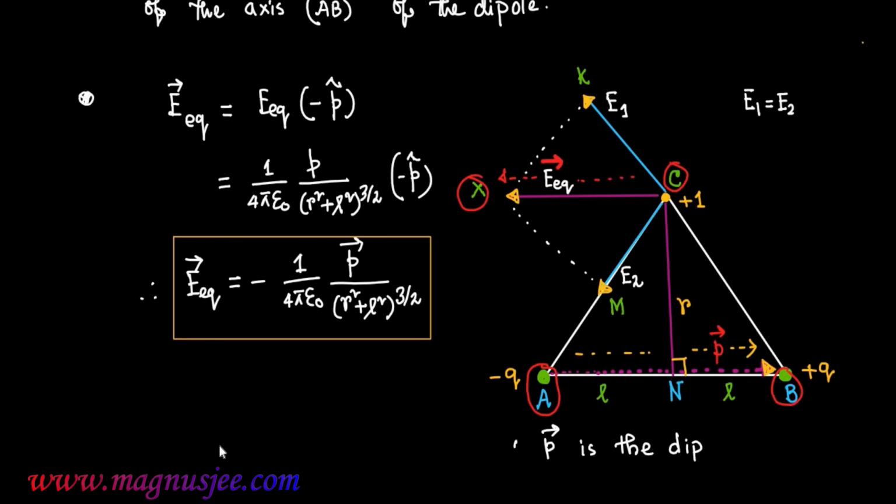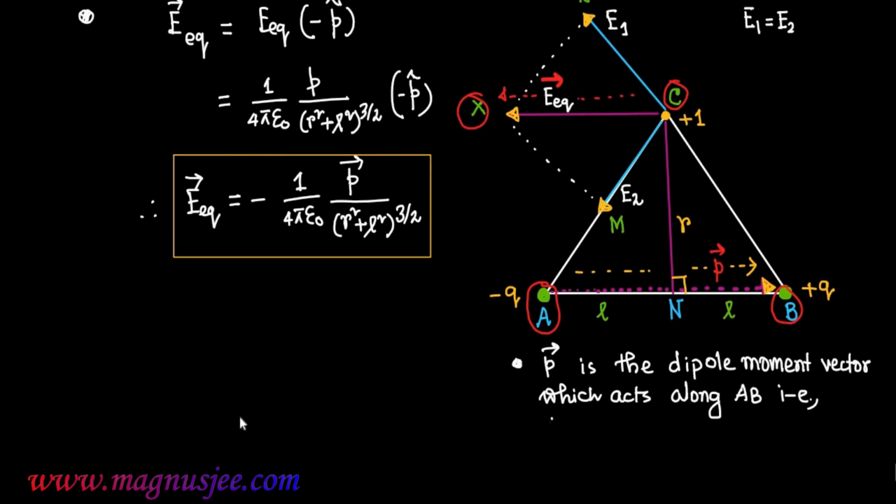Dipole moment vector P is the product of charge and distance vector, which acts along AB, from minus q point charge to plus q point charge of the electric dipole AB.